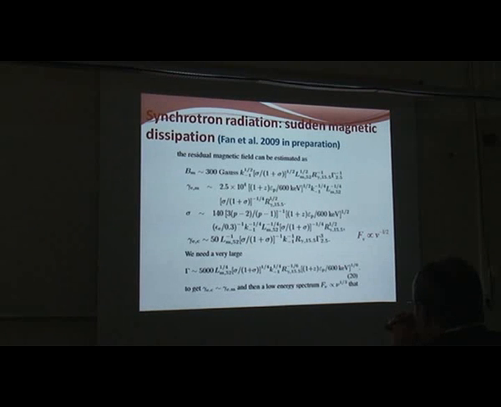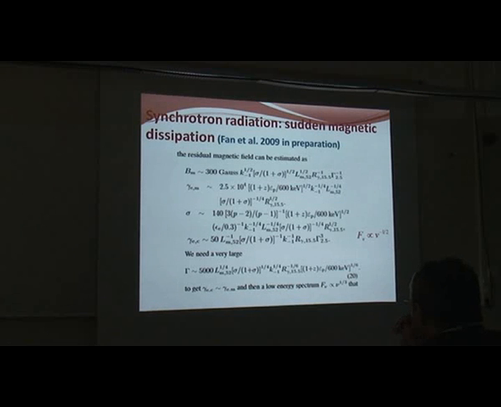Otherwise, the dissipated magnetic energy is not high enough to accelerate the electrons to such a typical Lorentz factor. We can also estimate the cooling Lorentz factor. One can see the cooling Lorentz factor for typical parameters, gamma_c, is much smaller than gamma_m, so the spectrum should be something like this.